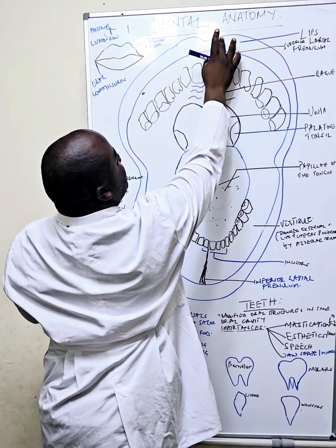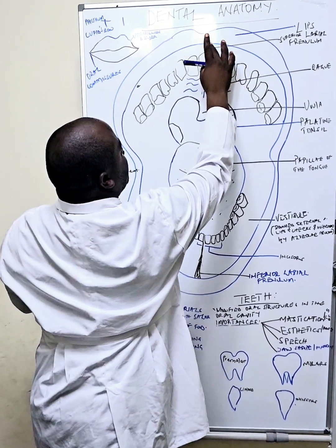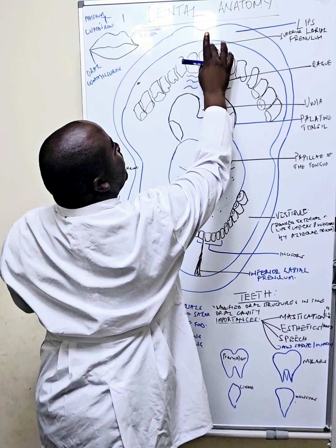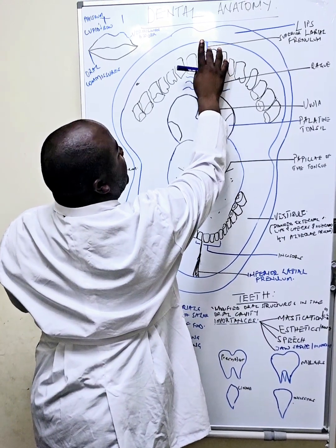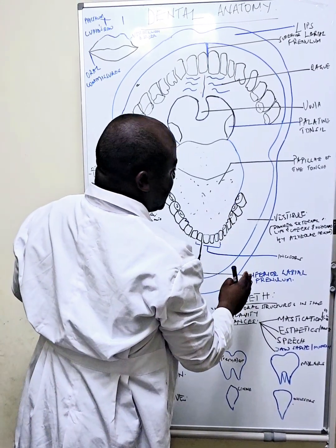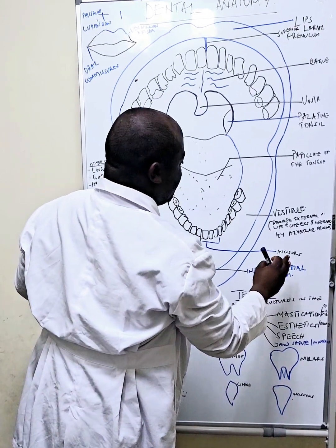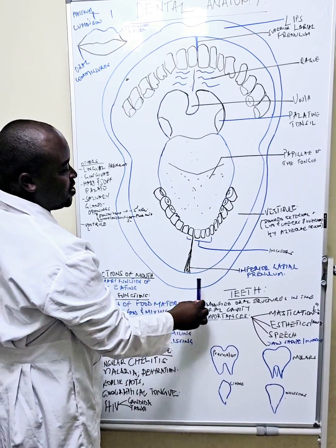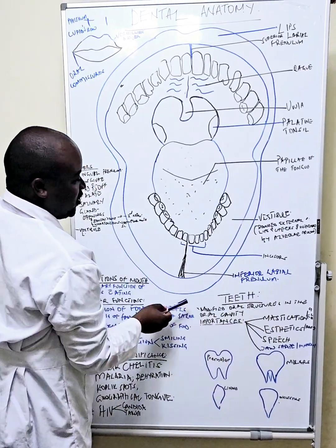This is going to attach the upper lip to the alveolar bone in the maxilla. We have the labial frenulum of the lower jaw or of the mandible, which is called inferior labial frenulum.